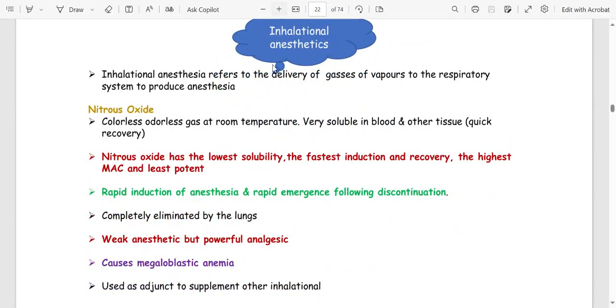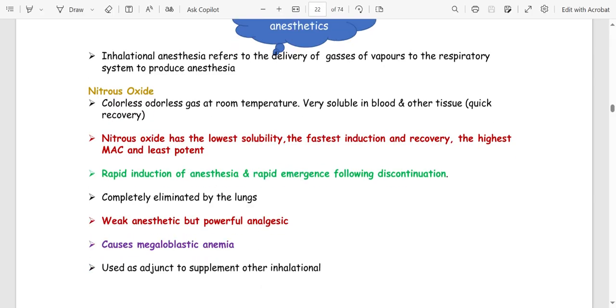So in inhalation anesthetics, these ones are going to be delivered via the respiratory system. You have got nitrous oxide. Now, that's the first one. Nitrous oxide is a colorless, odorless gas at room temperature. It's soluble in blood, it mixes in blood and other tissue. Okay.